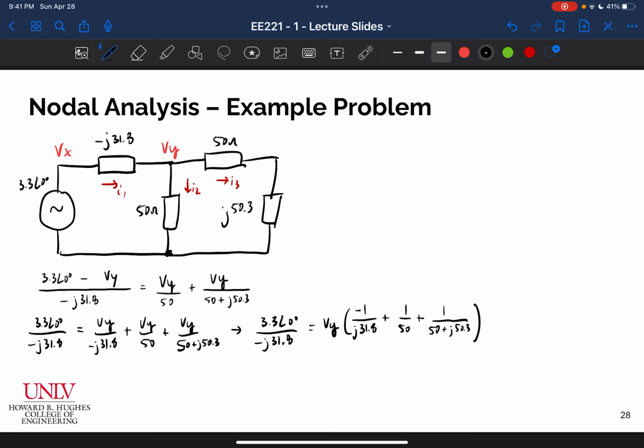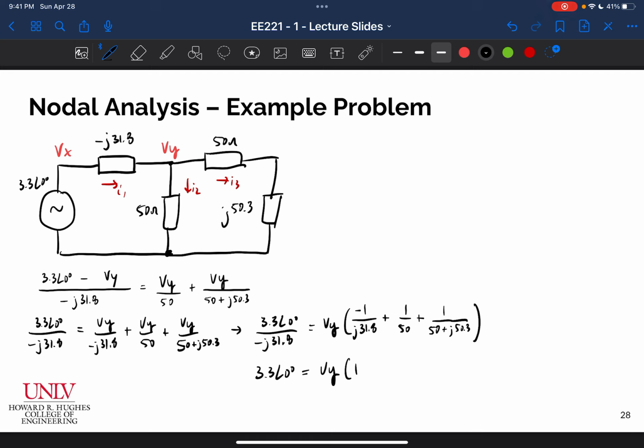All right, and so now I should be able to multiply both sides by minus j31.8, and I should be able to take care of some of these fractions here. So I can say 3.3 angle 0 degrees equals Vy. That j31.8 and the j31.8 here are going to go to a value of 1, which is nice.